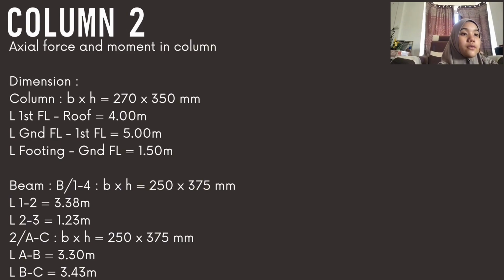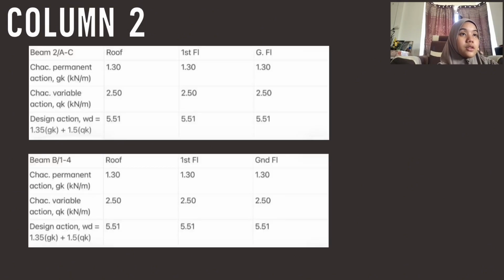The length for A to B is 3.530, and B to C is 3.43. So this is the beam for 2AC and the beam for B14.